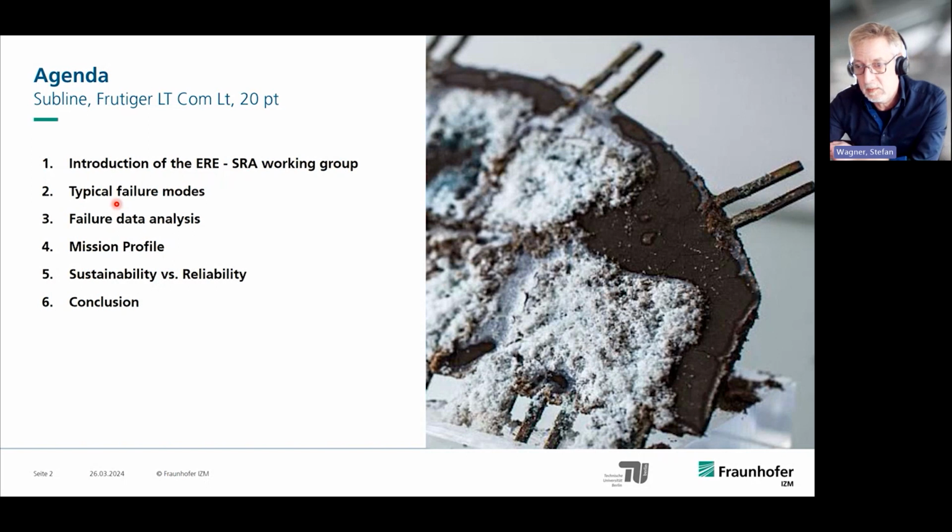Then I will point out some typical failure modes and failure data analysis from two examples of application fields. An example for emission profile, and then I will discuss a little bit the question of sustainability versus reliability for the background of power electronics, and then I end with a small conclusion.